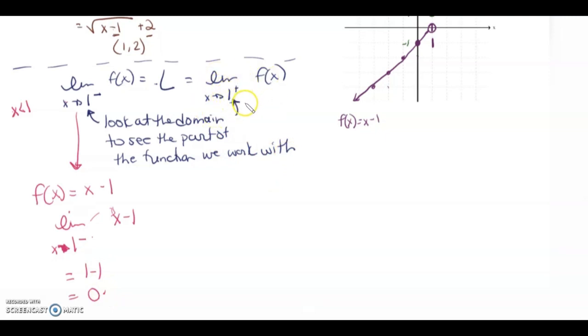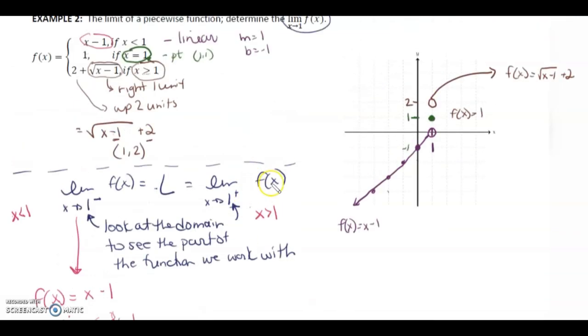Now, let's go from the positive side. So when I'm thinking as x approaches 1 from the positive side, I'm thinking when x is greater than 1. Okay, going back up here, x is greater than 1, we're going to deal with this root function here. So f at x is going to equal 2 plus root x minus 1.